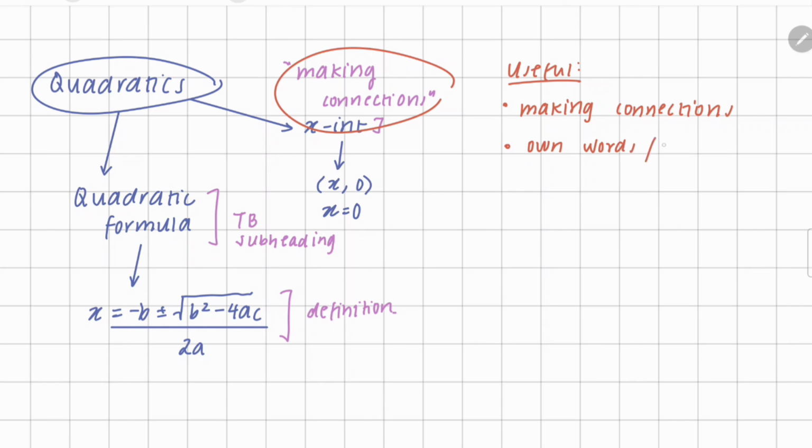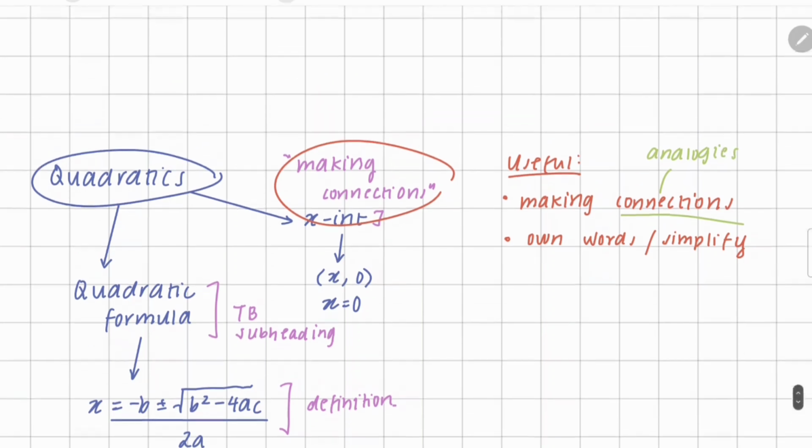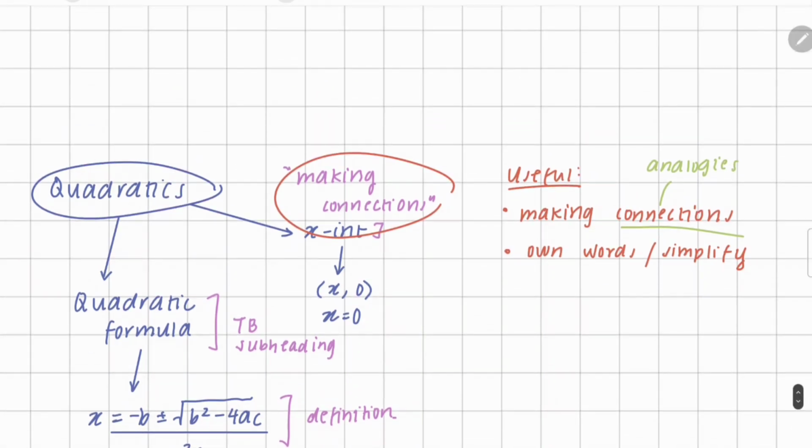Your own words can be like a simplified version of the definition or whatever makes sense to you. And just in terms of connections, it doesn't just have to be connections about the topic. Analogies are also connections, and analogies are basically connections to other topics.